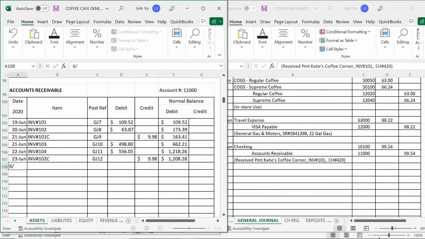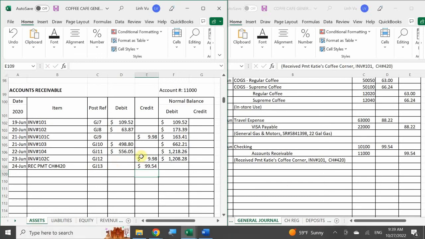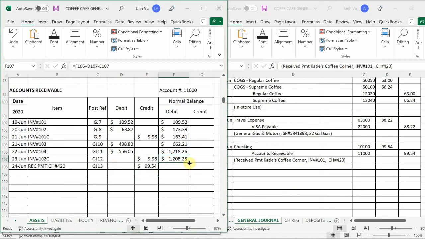So that means fewer people owe me money now. And it's down to 1,108.74. Good.